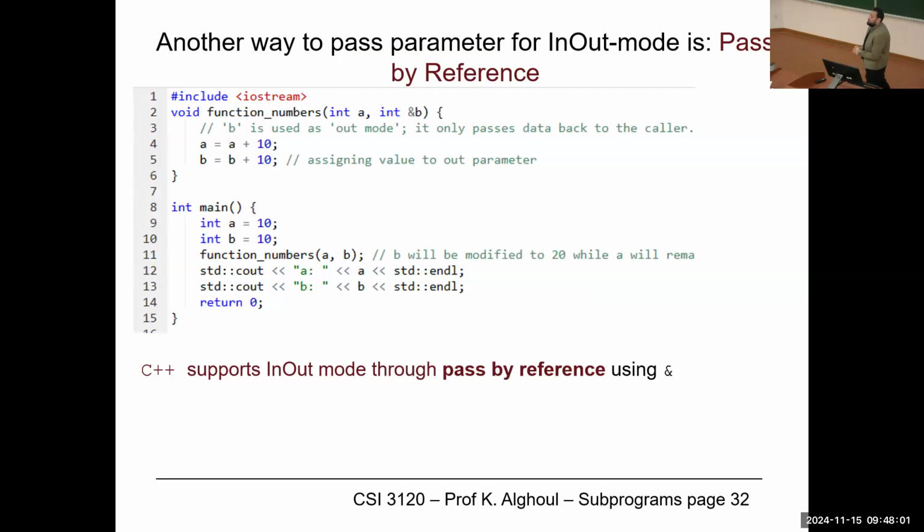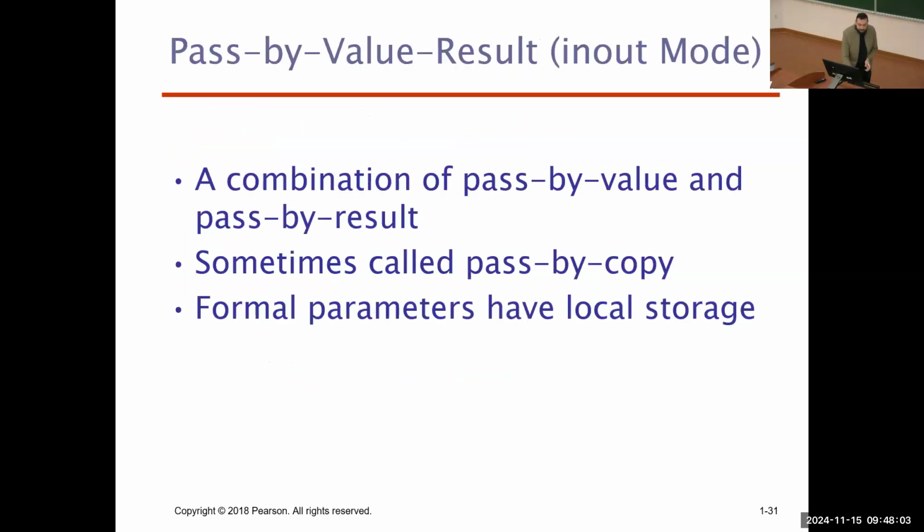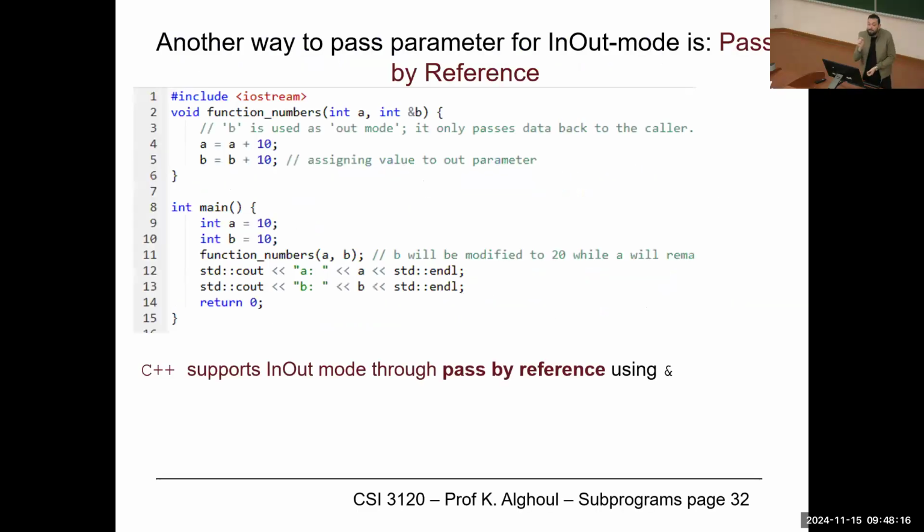Now, we talked about the in-out mode, right? We said in-out mode can be passed by value result. But there is another way that in-out mode can be used in C++, which is called pass by reference. Pass by reference means we're actually passing the reference.